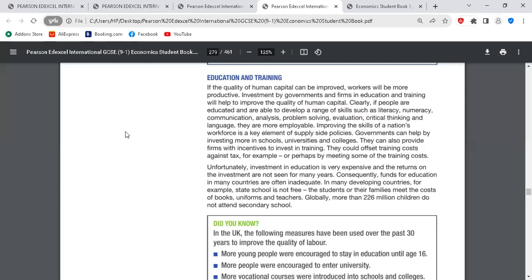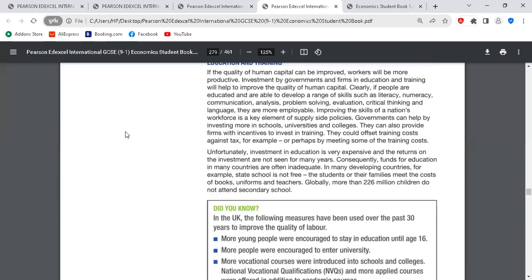So these things will encourage firms to still train the workers, because if they are trained, they are not just going to be useful to your firm, they'll be useful to the economy as a whole. Do you get the point here? So if government can do this, it will encourage firms to still train their employees, not really thinking about them leaving the company when they have been trained. Clear?